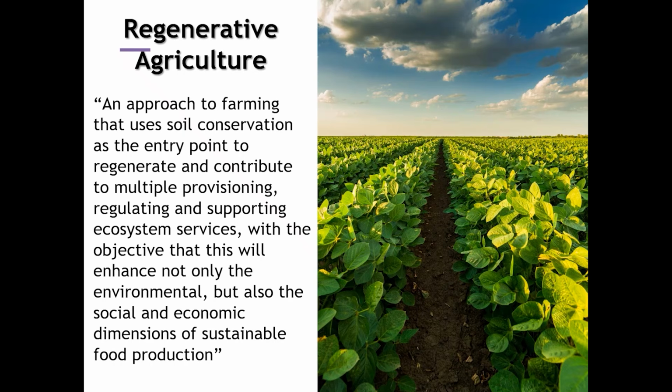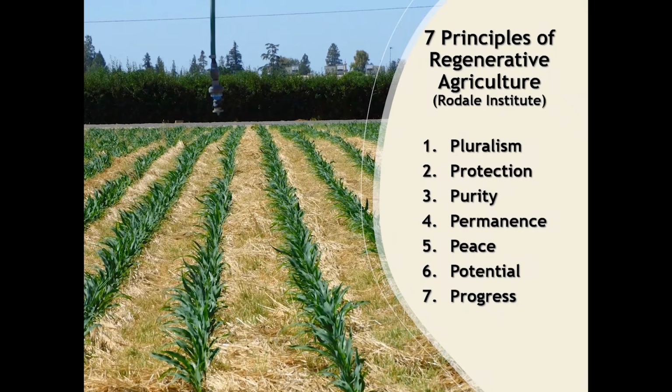So you can see that even this definition of regenerative agriculture is pretty similar to some of the other definitions for the alternative forms of agriculture. Social and economic dimensions all seem to be a common theme. And I looked at the principles of regenerative agriculture that were available in the publication from the Rodale Institute.